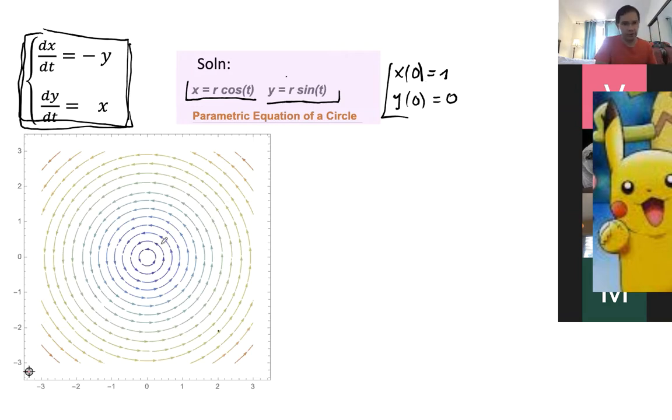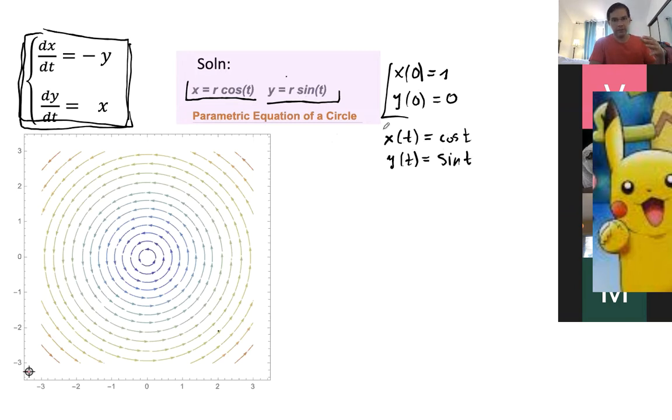So the solution is going to be the function x of t equals, well, if I take the constant, the radius, equal to 1, then I have x of t equals cosine t, and y of t equals sine t.